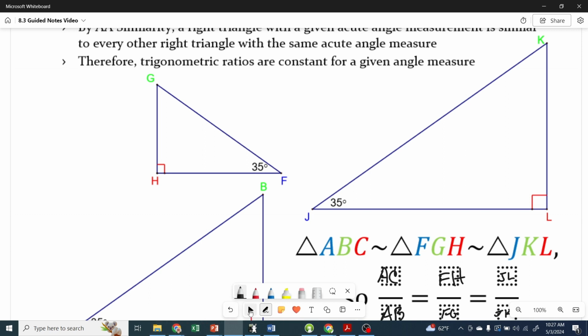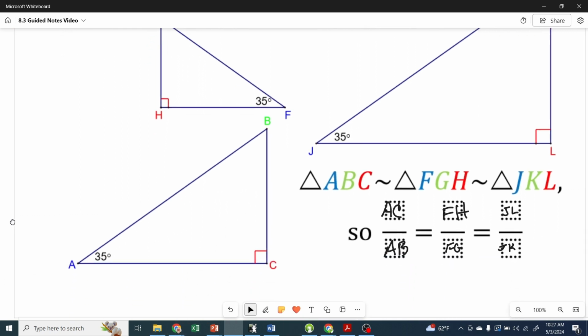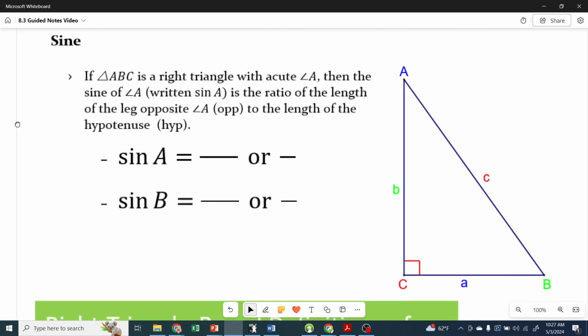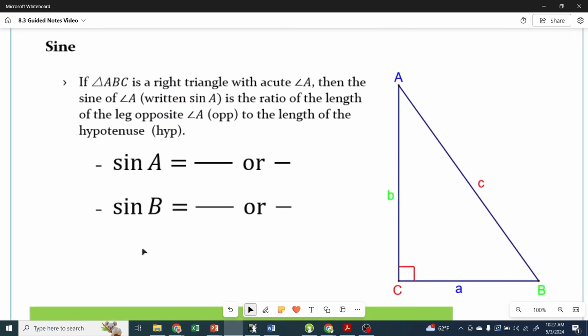Okay. So that's what you put in there. So the sine, if triangle ABC is a right triangle with acute angle A, then the sine of angle A, which is written as sine of A, is the ratio of the length of the leg opposite angle A to the length of the hypotenuse. So this is equal to the opposite over the hypotenuse.